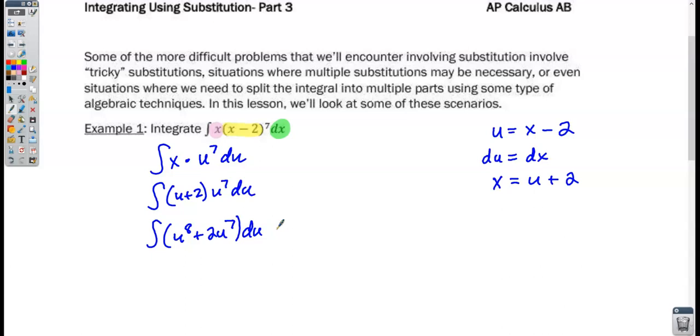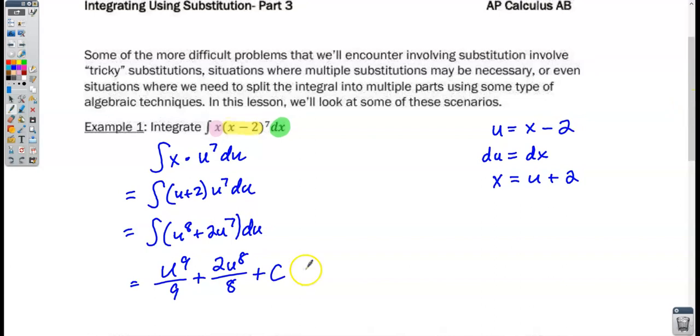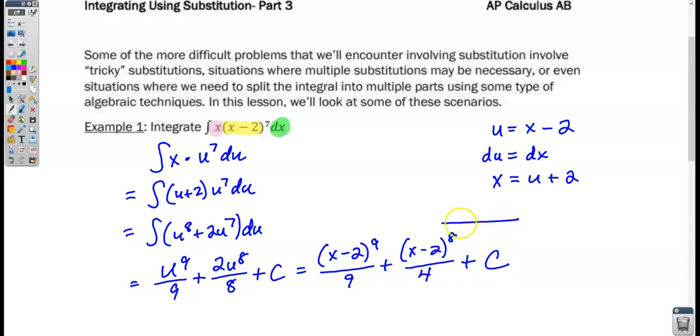And now I can go ahead and find this integral using the antiderivatives. This is going to be u to the 9th over 9 plus 2u to the 8th over 8 plus c. Which is equal to, and u was the quantity x minus 2, so this is the quantity x minus 2 to the 9th over 9 plus the quantity x minus 2 to the 8th over 4 plus our constant.